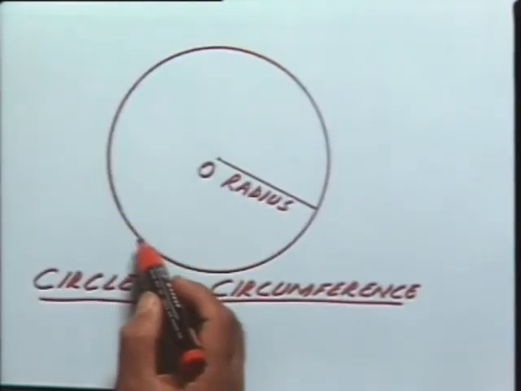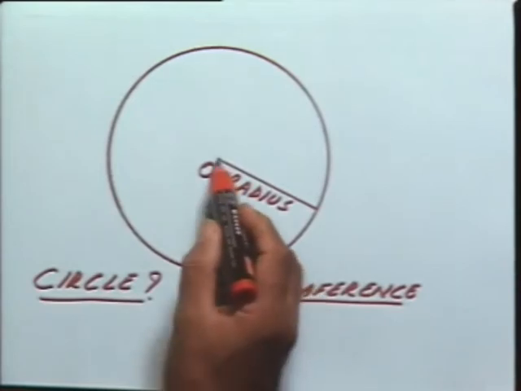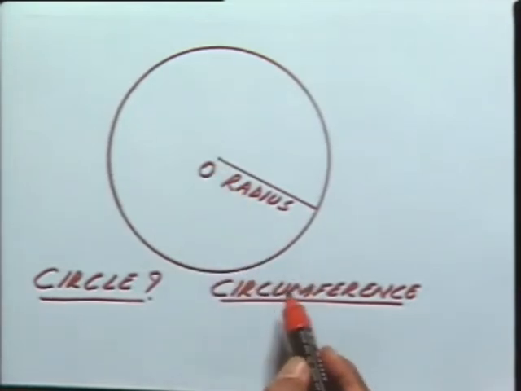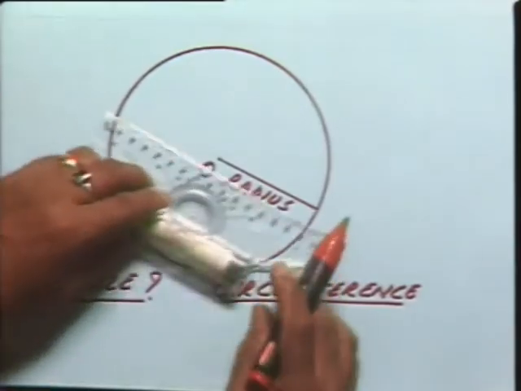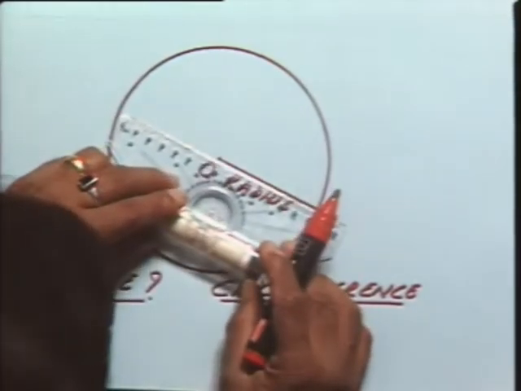Having understood the circle, the radius, the center and the circumference, we go on to mark another extension of this radius.